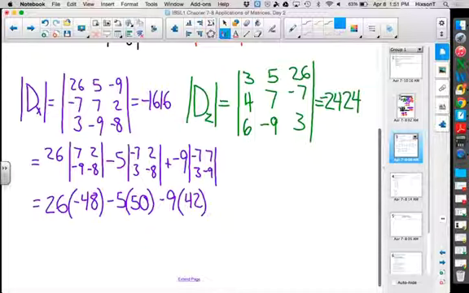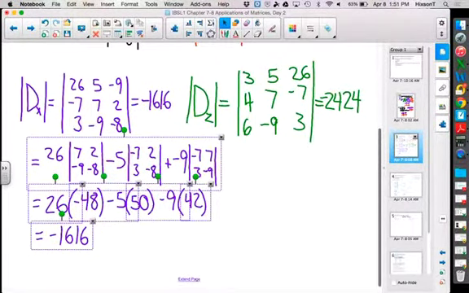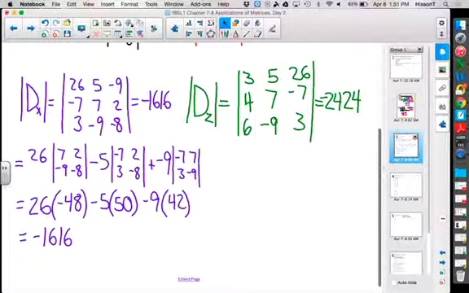Wait, what was it? I checked it. It was 808. Yep. D and D sub y are both 808. Okay, so that's one method, remember using the minors and the cofactors.